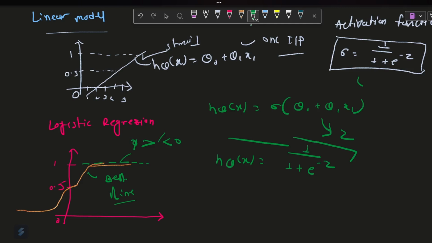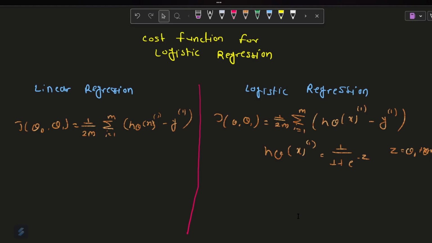That is your logistic regression equation for this line when we add the activation function. Okay, in the next video we will understand the cost function for logistic regression.